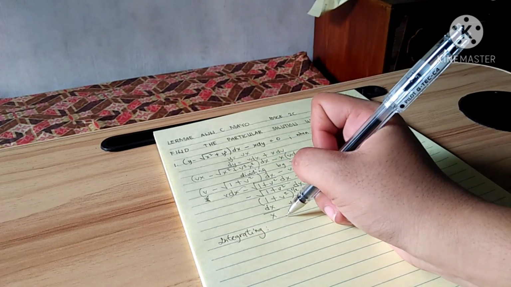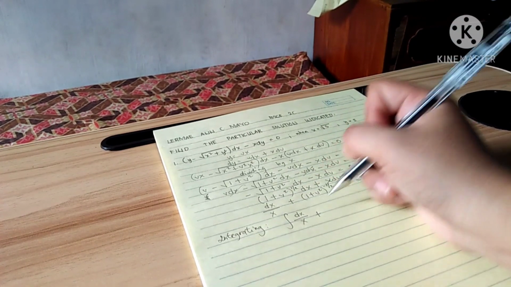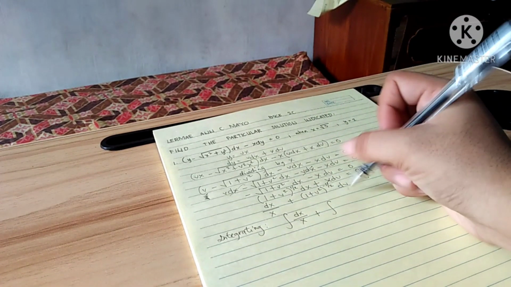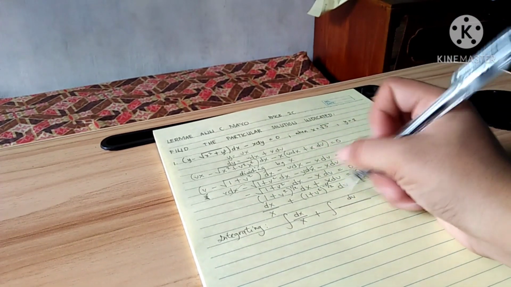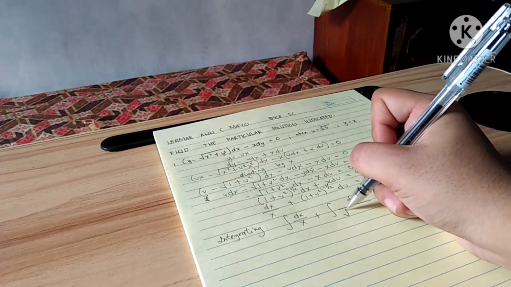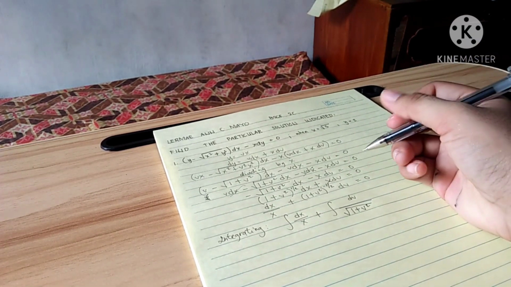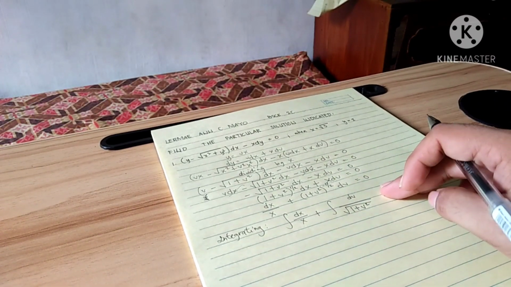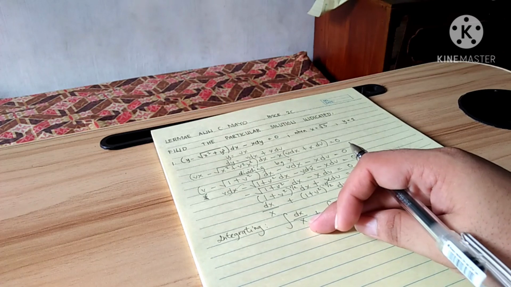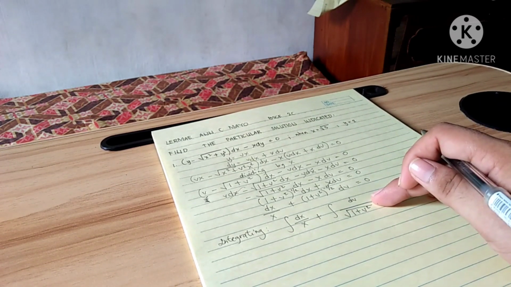Integrating, we have the integral of dx over x plus the integral of dv over the square root of 1 plus v squared. This first one we can integrate directly, but this one we cannot, so we need to consider this first.